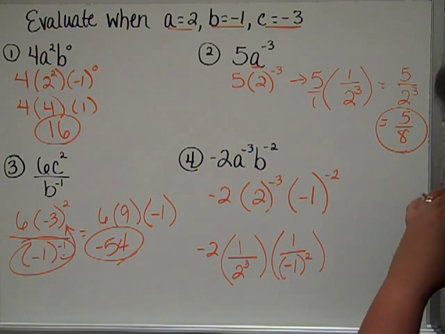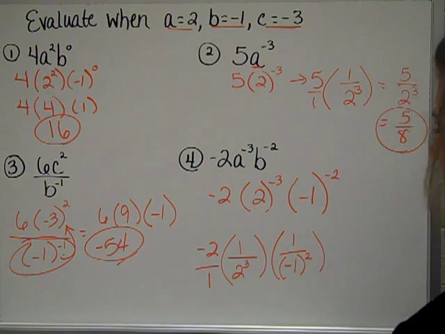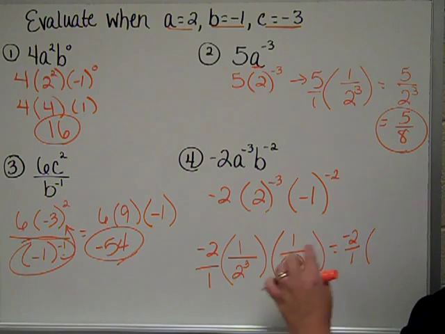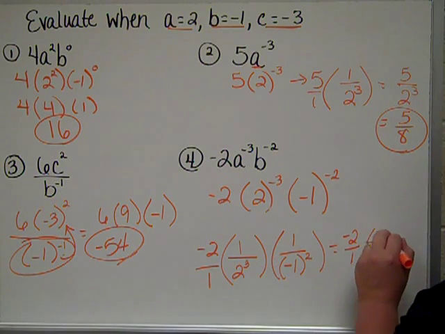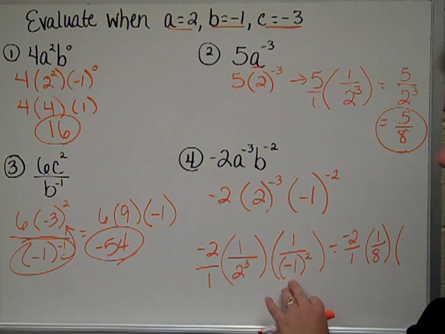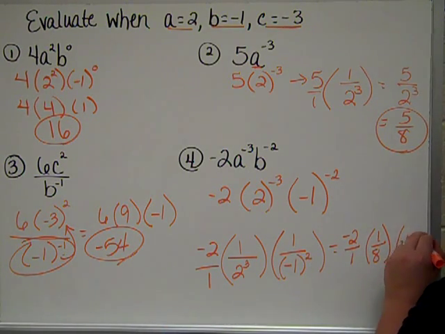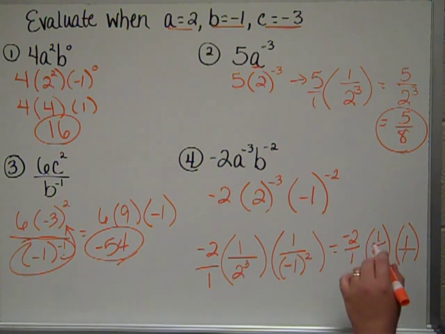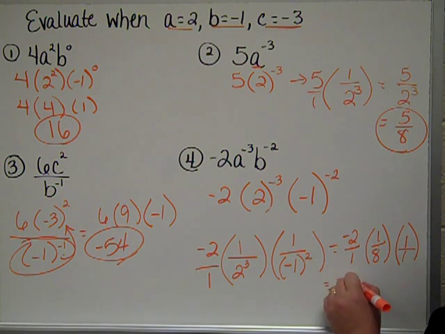Okay? Now, keep in mind, let's clean this up some. So we have -2, and then this simplifies to an 8. And then -1 times -1 is a +1. All right? So now we have -2 times 1 is just -2.